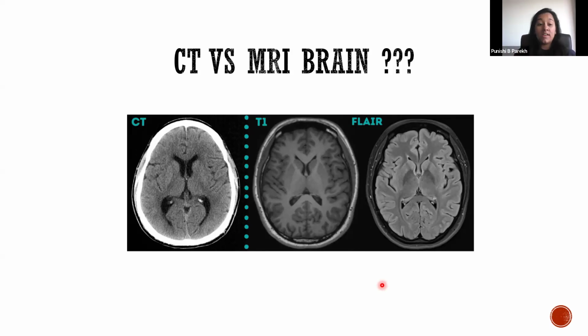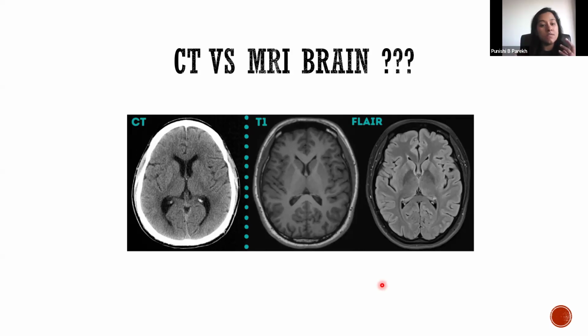Of course, it exposes the patient to radiation, whereas MRI is a more expensive imaging modality. It takes longer, and that's why it's more difficult to get an MRI brain done in a child. So that is another struggle in pediatrics. And of course, MRI takes longer, but it is safe because there is no exposure to any radiation.